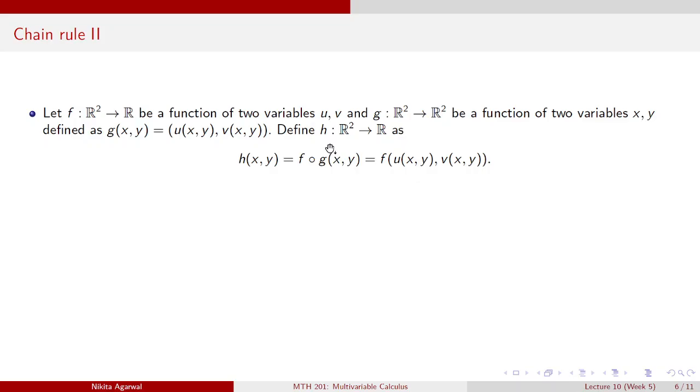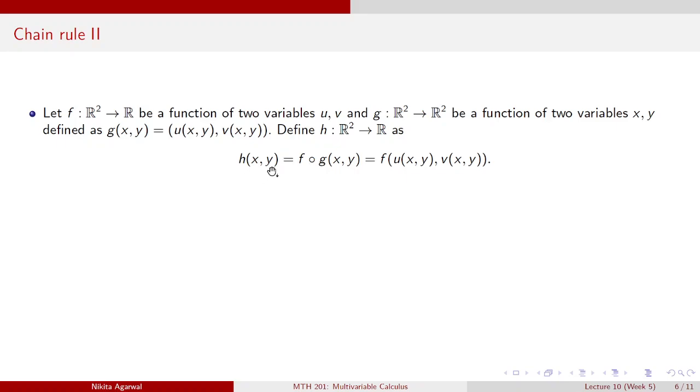Now define h going from R2 to R as the composition of f and g. If you take f composed with g of (x, y), by definition that is f of g(x, y). But g(x, y) is (u(x, y), v(x, y)), so you put it here.